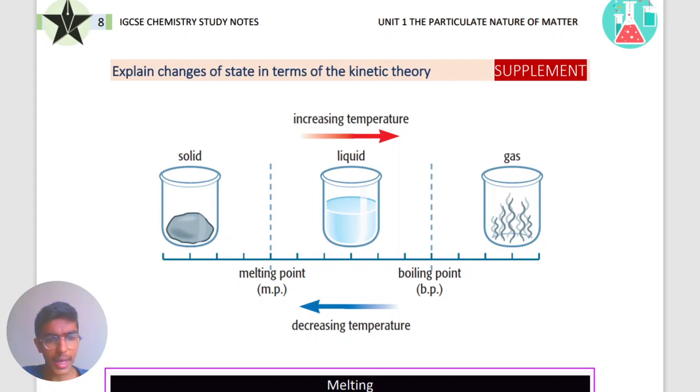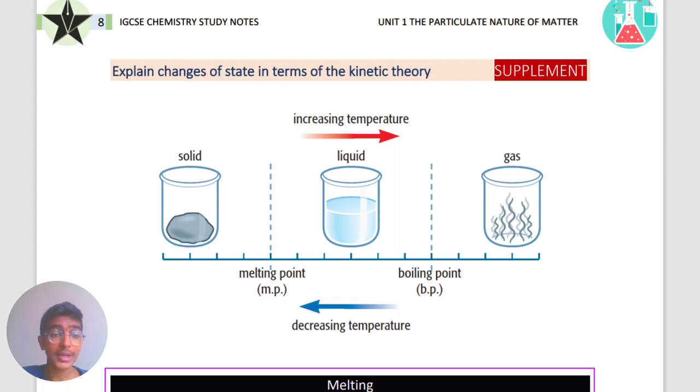These particles will react together, more collisions will therefore result in a faster rate of reaction, and therefore there will be a change in state. For example, a solid to a gas, a gas to a solid, a solid to a liquid, a liquid to a solid, depending on temperature. So the key factor right here is temperature.